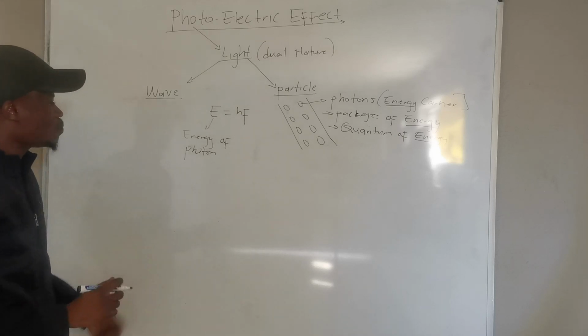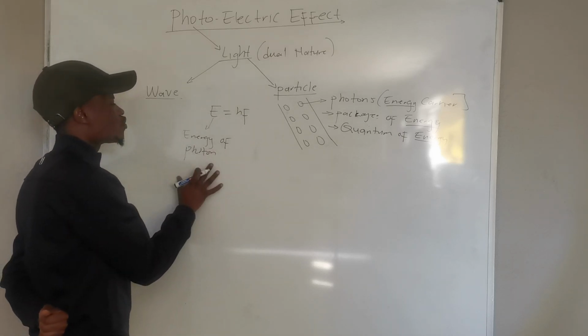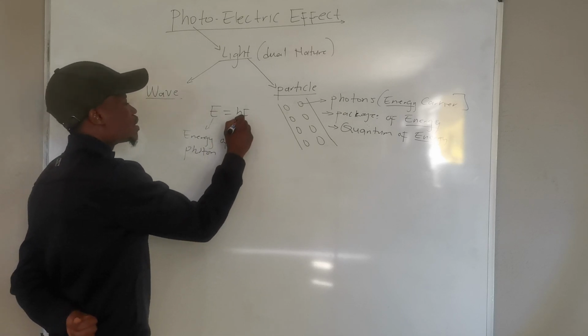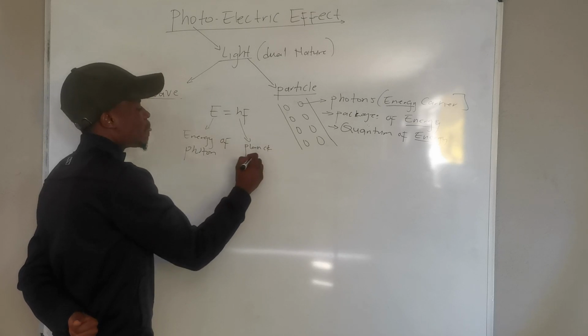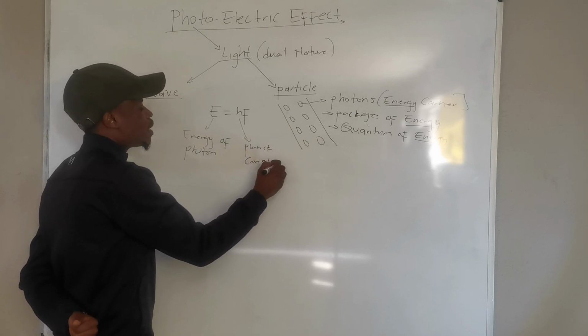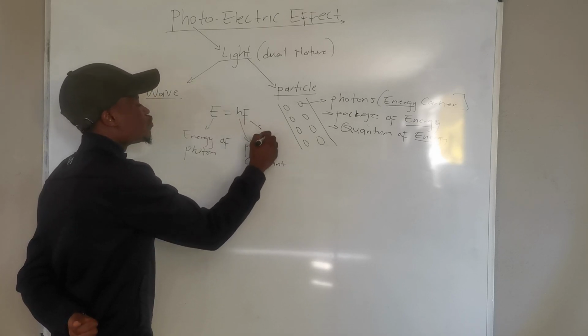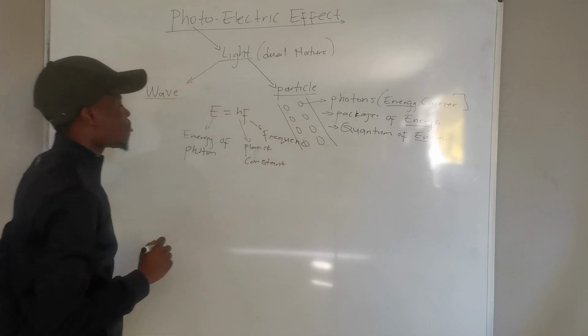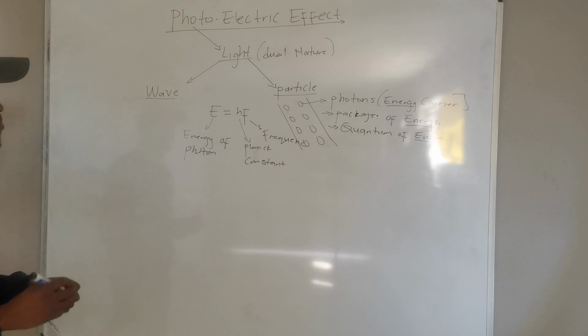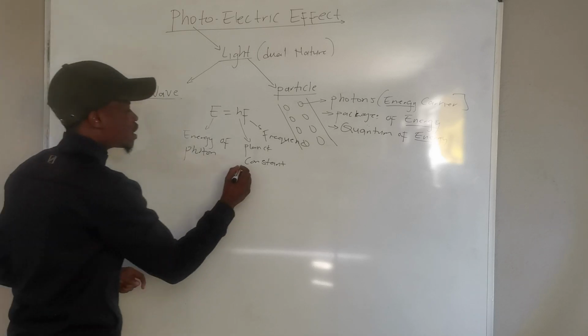So we are saying now the energy of a photon is calculated by the Planck constant multiplied by the frequency. Let me touch on this one.